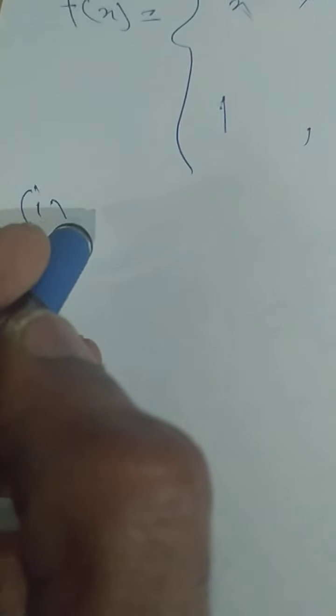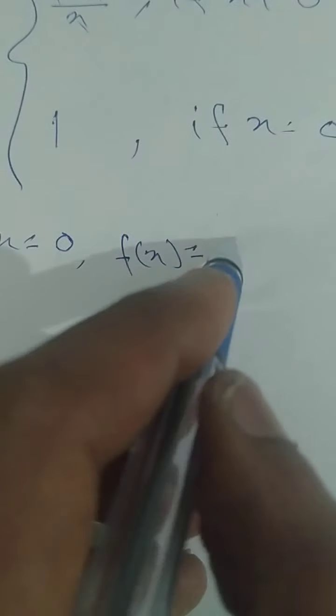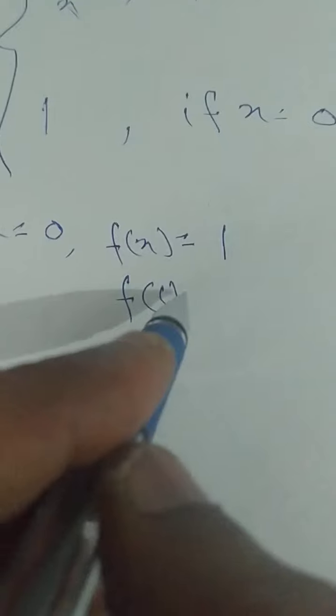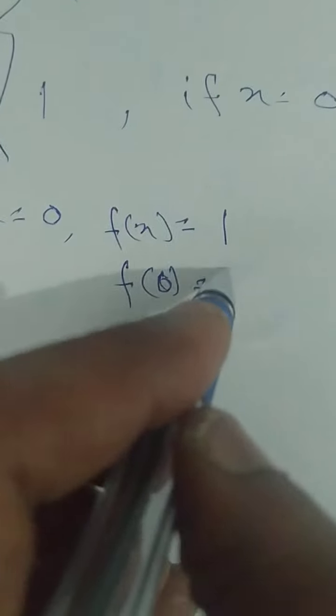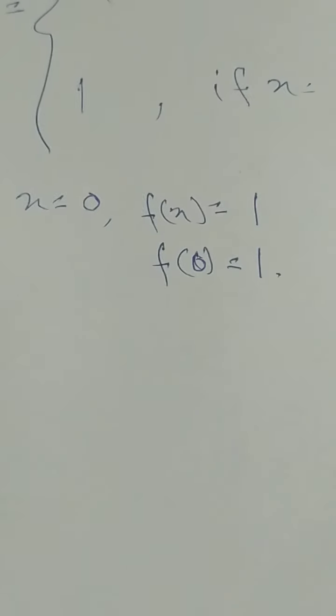According to the definitions we have seen, here the function is defined by 1, so f of 0 will be equal to 1.